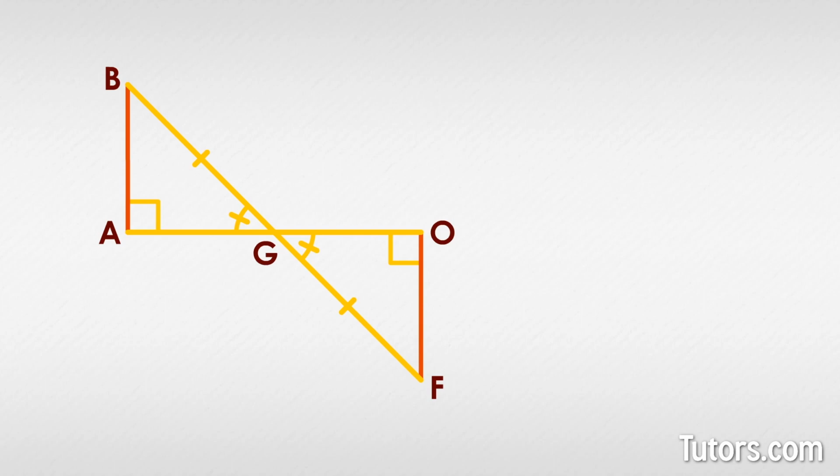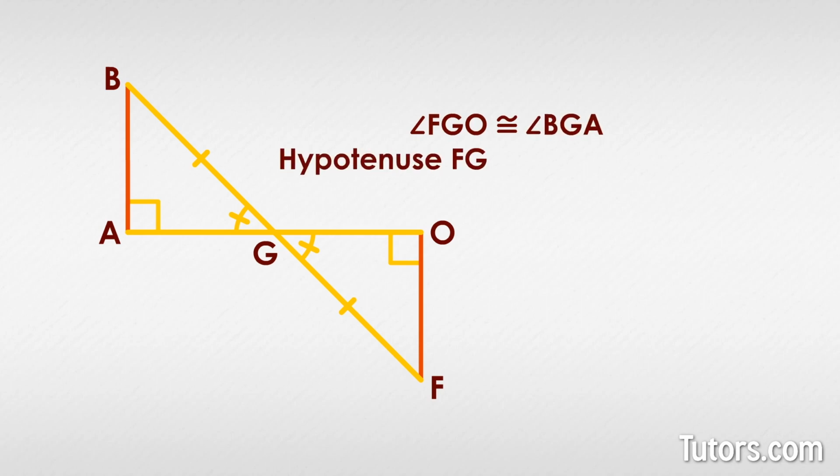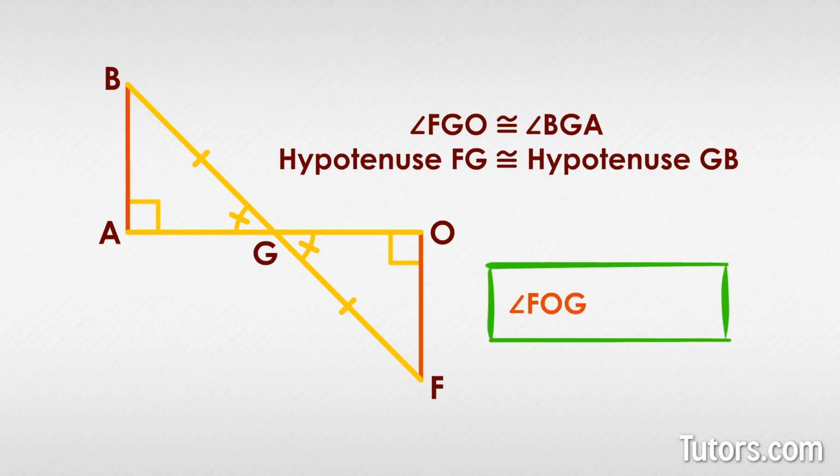Let's make a list. Angle FGO is congruent to angle BGA. Hypotenuse FG is congruent to hypotenuse GB. With just the hypotenuse and 1 acute angle, we now release the power of the HA theorem and state that triangle FOG is congruent to triangle BAG.